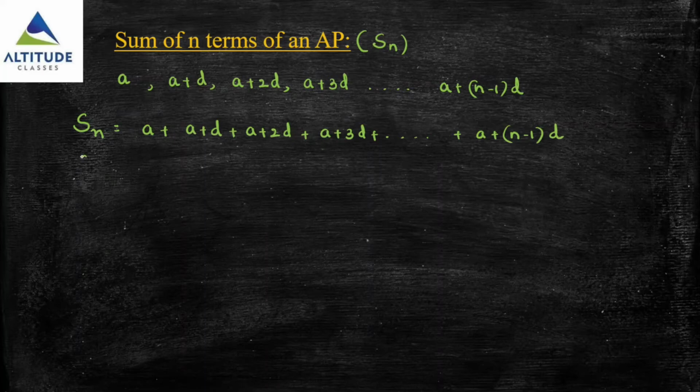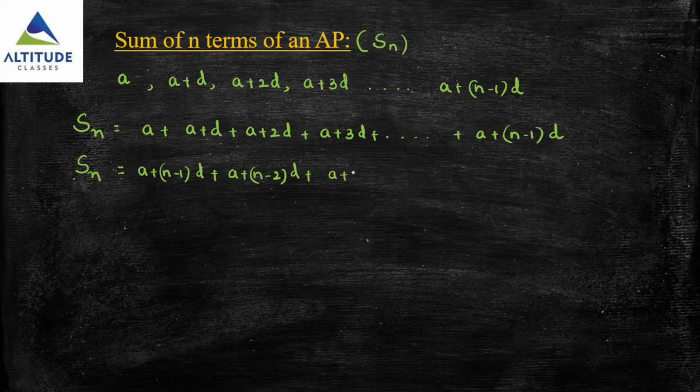So what I am doing is, again I am taking the same Sn, but I am writing from the back. If you add in this direction or in this direction, the result won't change, right? The last term is a plus (n minus 1) into d. The last but one term is a plus (n minus 2) into d.